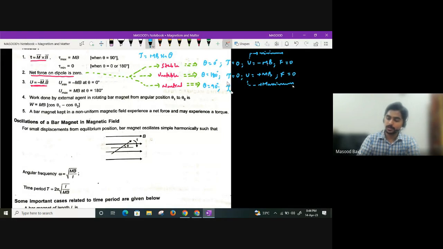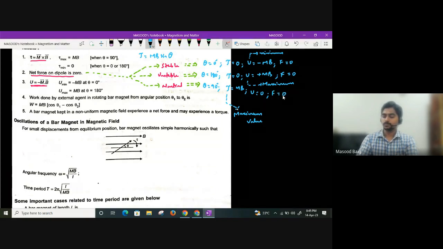Torque value will be maximum in neutral equilibrium, m into b. Potential energy: cos 90 is 0, so here you can take potential energy 0. Force will always be 0.